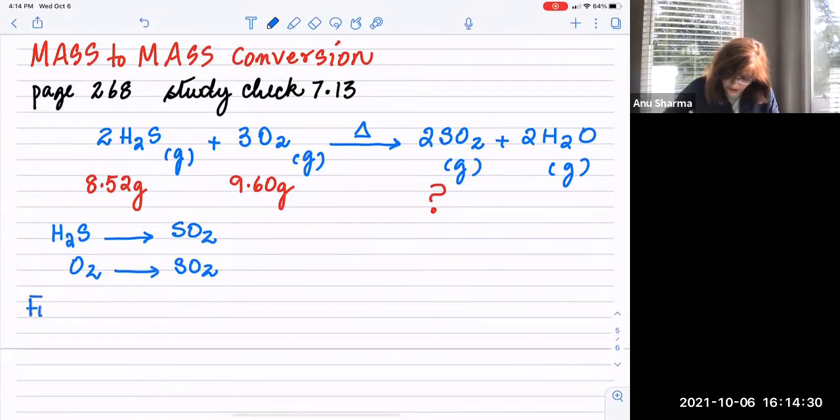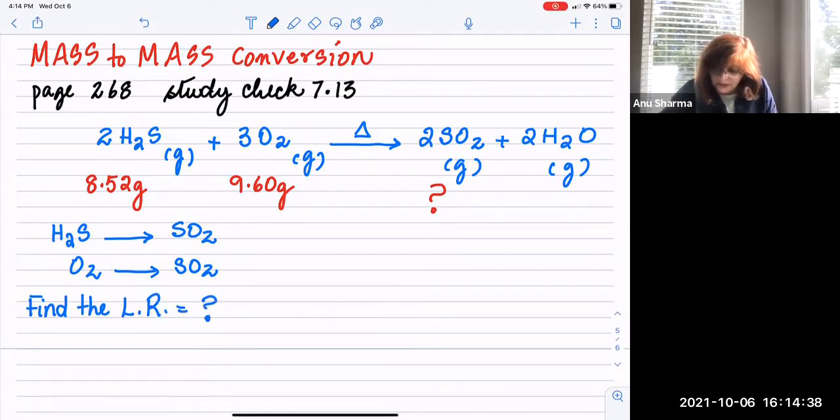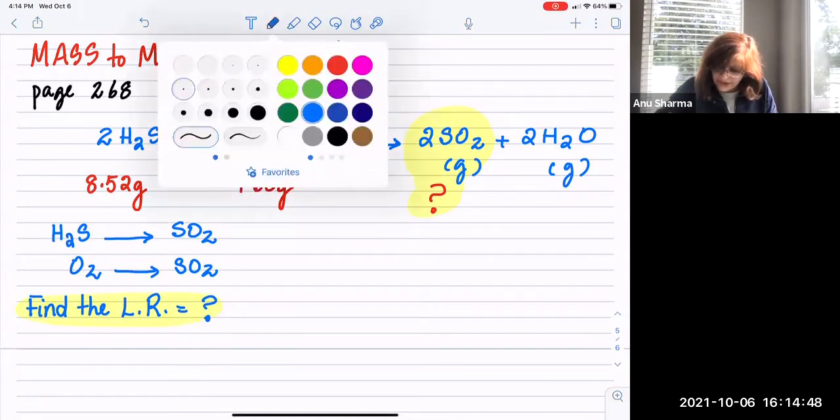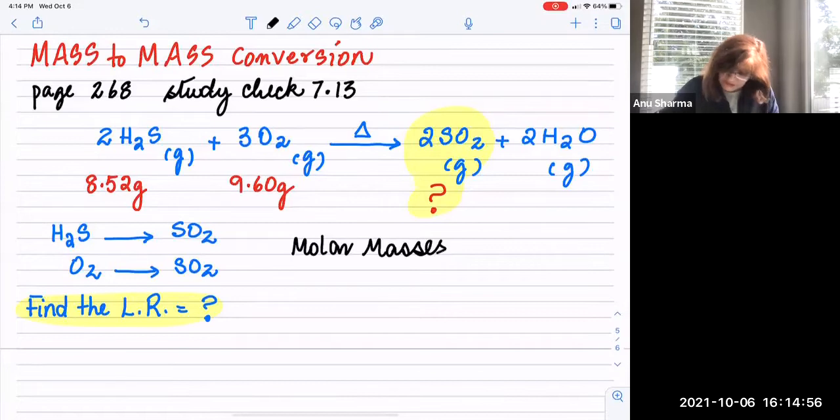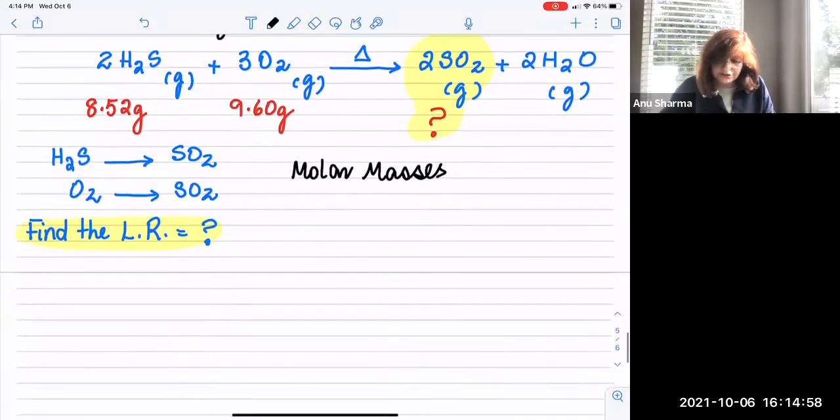We are going to find the limiting reactant, and based on that, we will know how much sulfur dioxide we are forming, because you can only produce based on how much of the limiting reactant is there. Okay, so first of all, you have to find the molar masses, because it's all going to be grams to mole conversions.